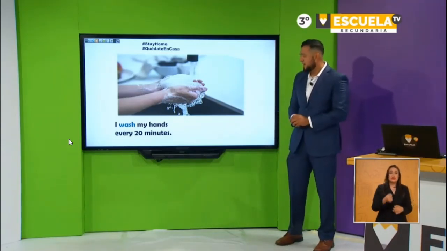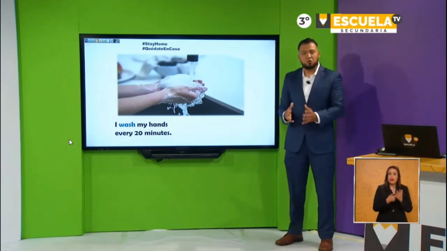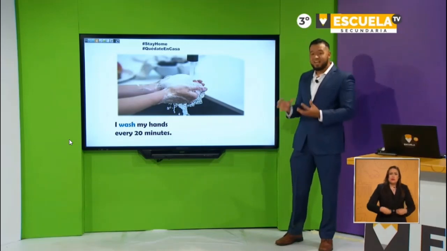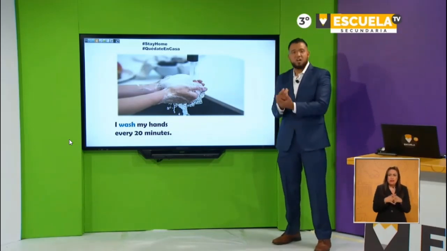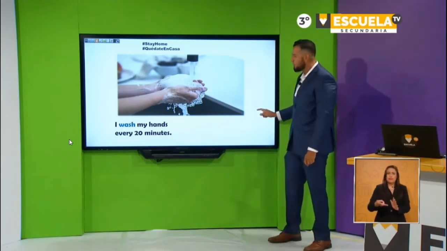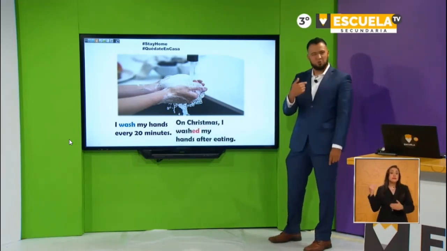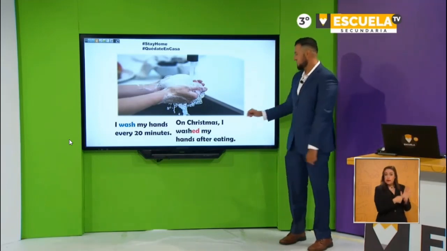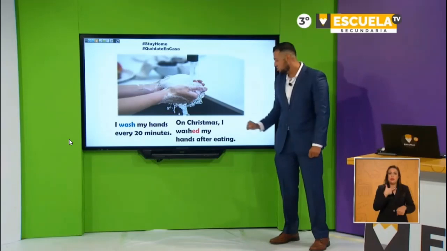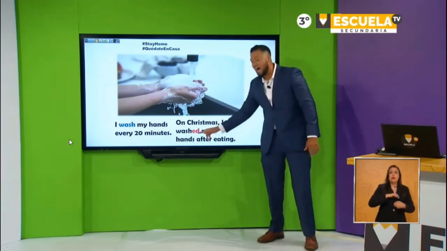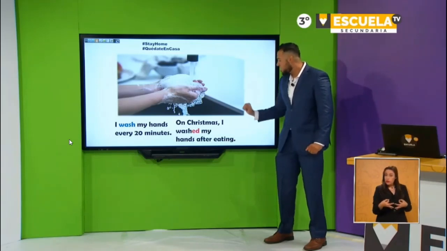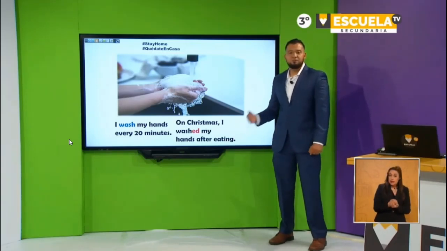I wash my hands every 20 minutes because we are living a situation in all the world where it's necessary to wash our hands, just like I did before. What happened in the past? Well, according to what the teacher was saying, on Christmas, not in this time, on Christmas, I washed, adding the ed, as you can see in red, I washed my hands after eating.